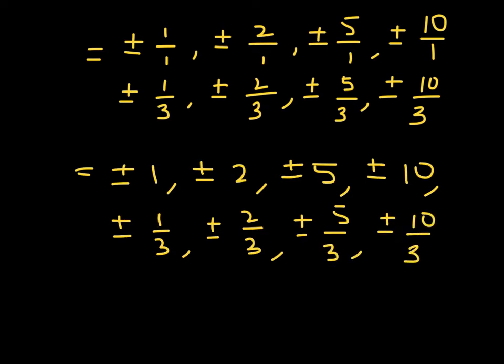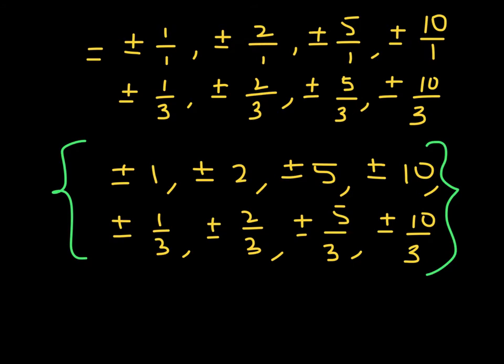This, ladies and gentlemen, is the full list of your possible rational zeros. All right. Now, there are a lot of options here, a lot of possibilities. What? 1, 2, 3, 4, 8 times 2, because of the plus or minus, 16 different possibilities for rational zeros for this function.